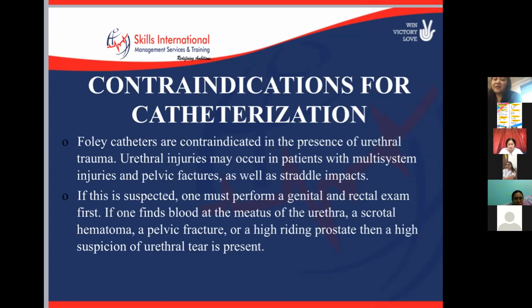So once the patient has genital or rectal bleeding, or on examination there is blood at the meatus where the Foley catheter is inserted for a woman, or a scrotal hematoma for a male, or any pelvic fracture or high-riding prostate, then the Foley catheter is contraindicated already.